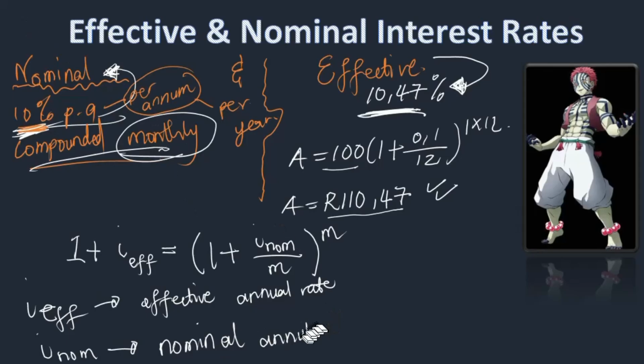And then your m represents the number of compounding periods per year.